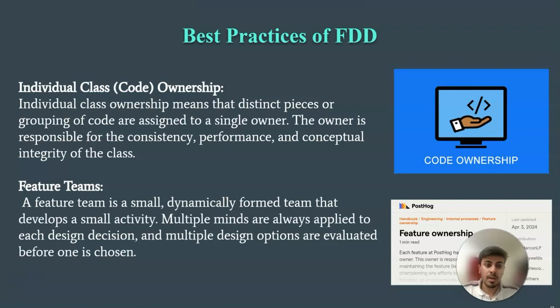And implementing individual class code ownership is much easier nowadays with all the object oriented programming languages, as they allow us to create classes, and these classes can inherit properties from one another.